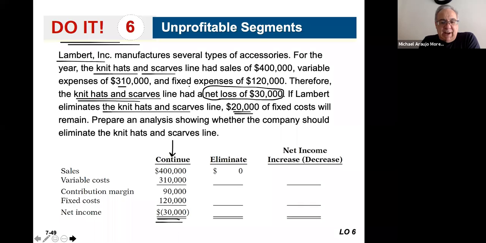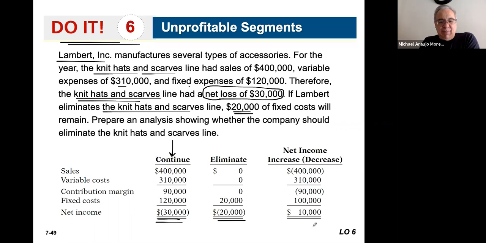However, if they eliminated it, they wouldn't make any money, but they would reduce their fixed costs to 20,000, so they'd only lose 20 grand. And so the bottom line is they would actually be able to increase their net income by 10 grand because they're cutting their loss. And thus, off with the hat, off with the scarves. Any questions?